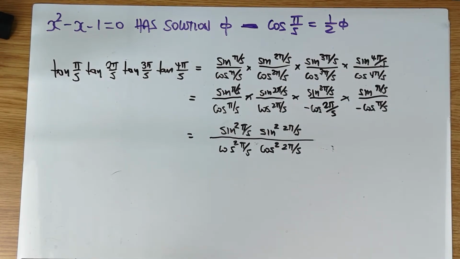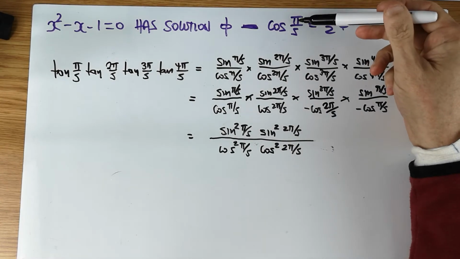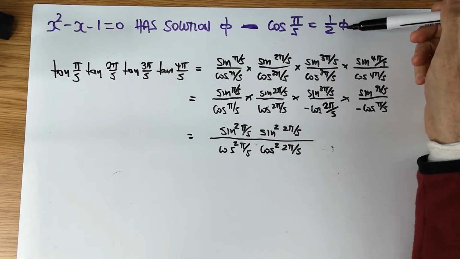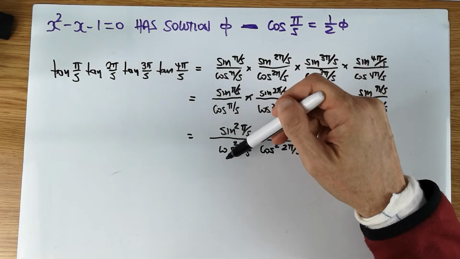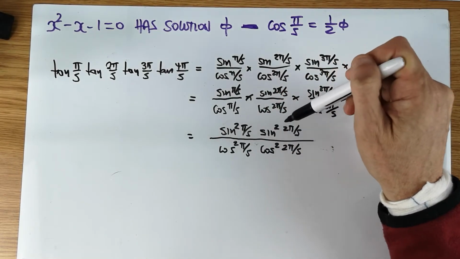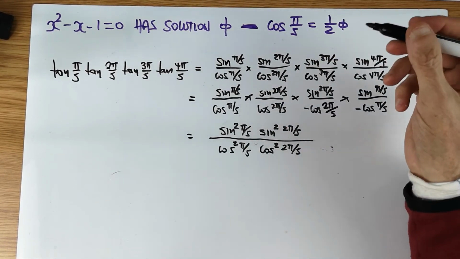Okay, where do we go with this? Where we're going with this is, first of all, we're going to cos of pi over 5, because these things are all half pi's. And at the moment, this thing only appears in this quantity here. It doesn't appear there. And then worse still, we have sines rather than cosines.